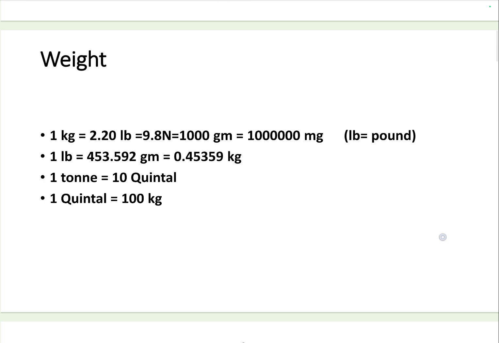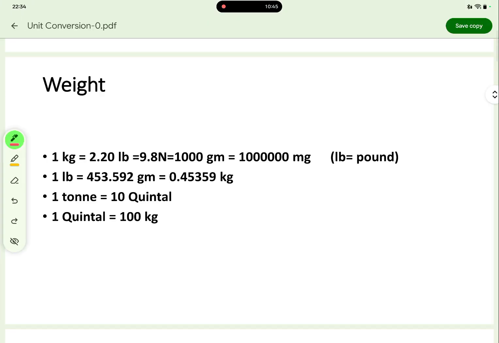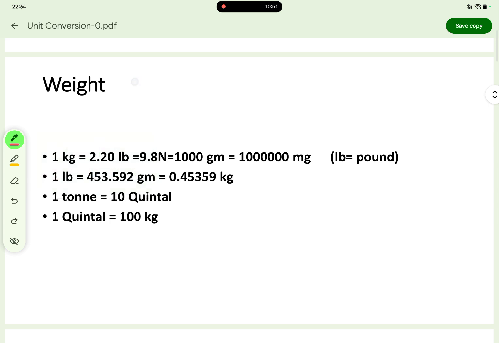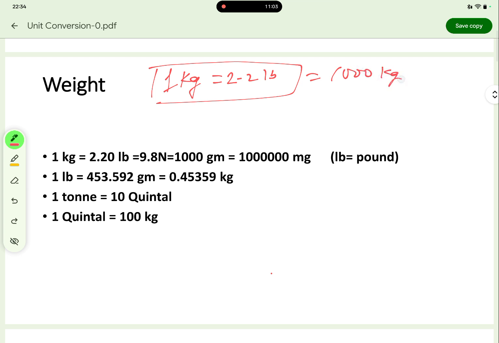So what I need to remember in this: 1 kg is equal to, written over there, 2.2 lbs, which is very important, right? And you also know that 1 kg is equal to 1000 gram. So yeah, this is the fundamental thing you need to remember, how the kg is converted into the lbs.